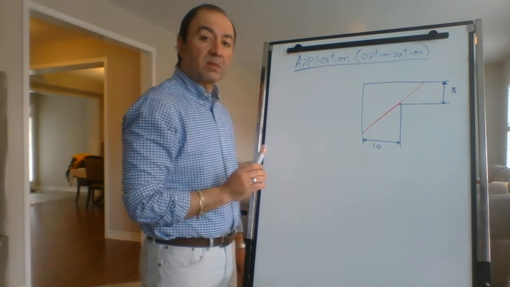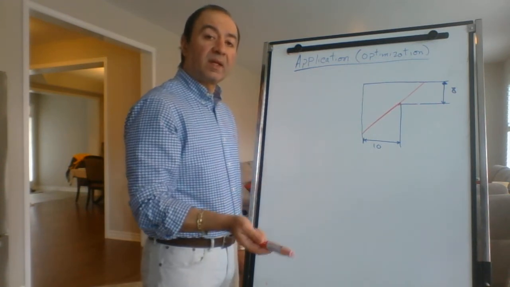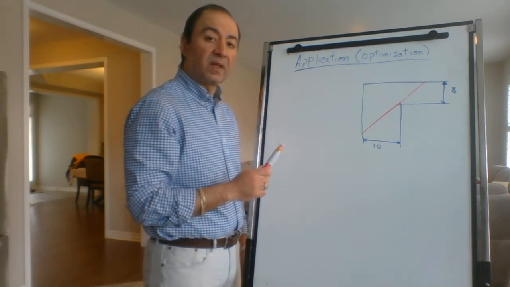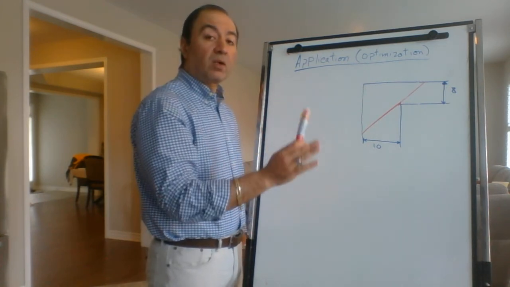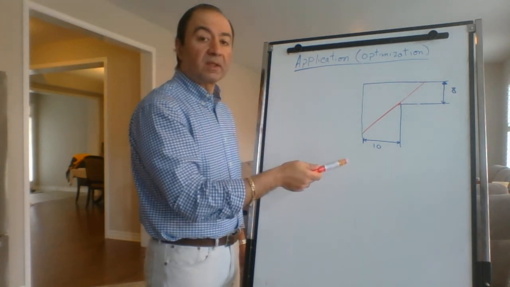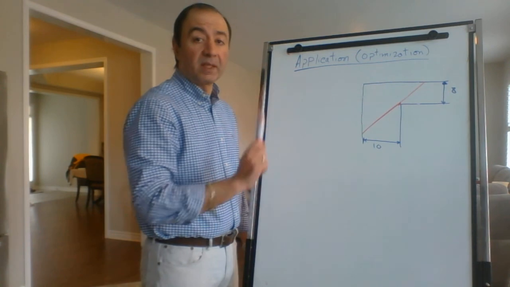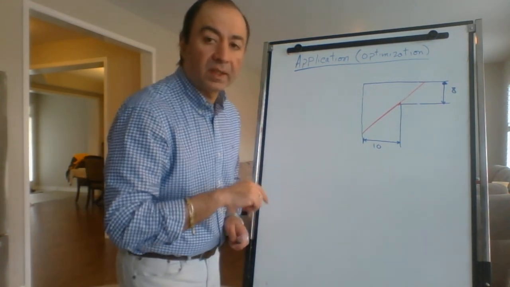This equation may have more than one variable. We must have only one variable, so we use the information given to make all the variables only one. Then we find the derivative and find the maximum or the minimum. Okay, so I will continue in the next video. All right, see you soon.